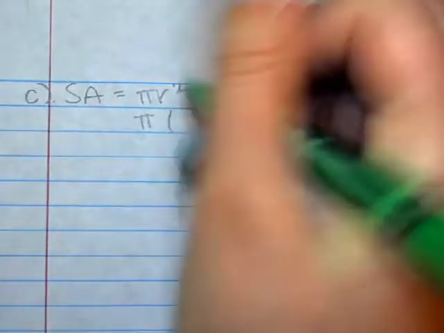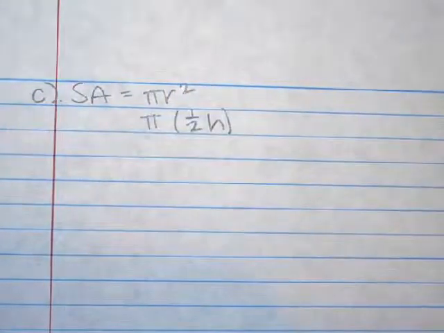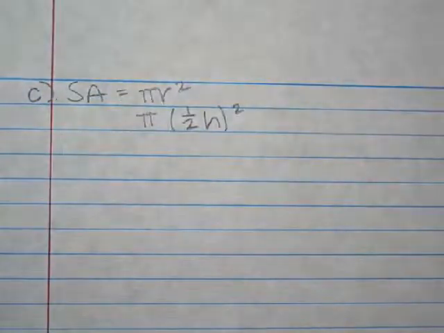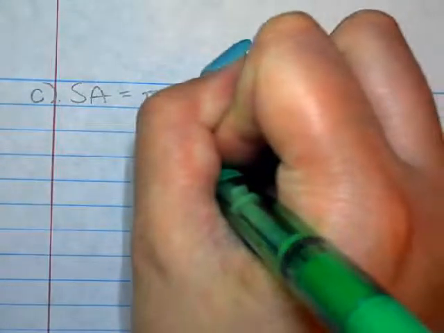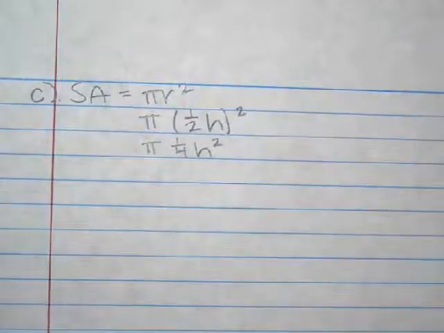That was from earlier in the problem. We did our proportion and said that r was equivalent to 1/2 h. So it's pi times 1/4 h squared, and so the surface area is 1/4 pi h squared.